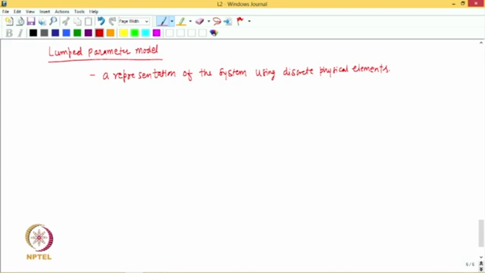But then the question arises, what kind of physical elements are to be used to make the model of a vibratory system? What are the elements of the model?